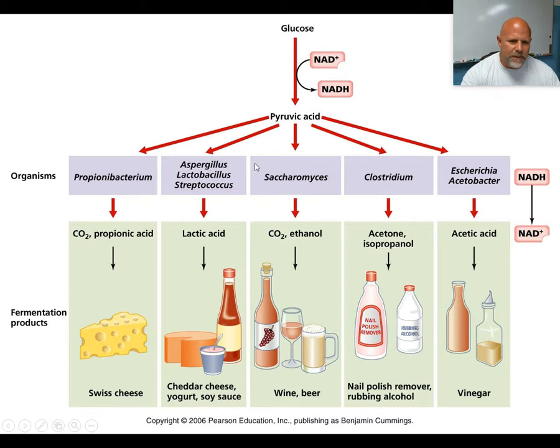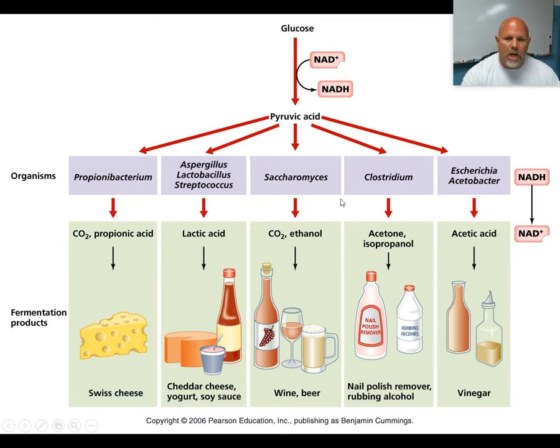You can see here's good old yeast that's producing this, but we use different bacteria, like for making cheese, we use lactobacillus, and we use different bacteria for making Swiss cheese, and we use different bacteria for making vinegar. Different bacteria and different organisms are used to make different substances.